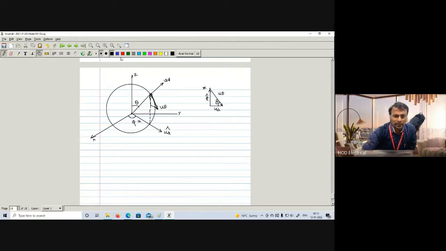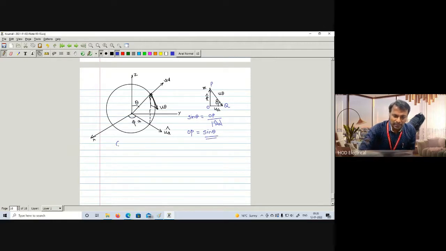Now, taking points O, P, and Q, sine theta can be written as OP divided by the magnitude of u_a. Already we know this is a unit vector, which means the magnitude is 1. Therefore, OP can be written as sine theta.